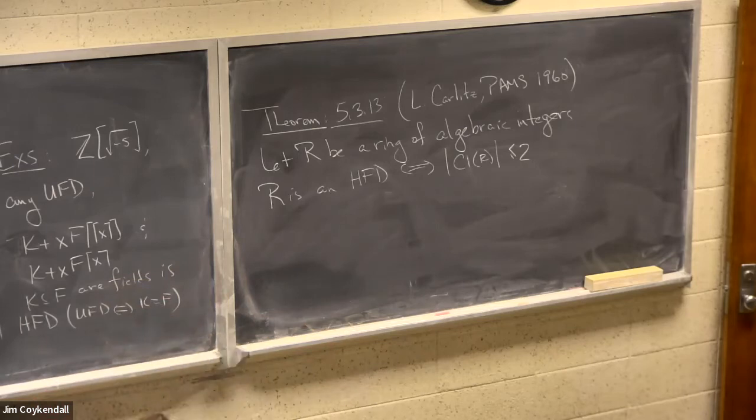And at some time or another in this proof, I am going to use two things that are true of rings of algebraic integers. Number one, I'm going to use that the order of the class group is finite. Number two, I'm going to use the fact that every ideal class contains a prime ideal. I won't even need infinitely many.